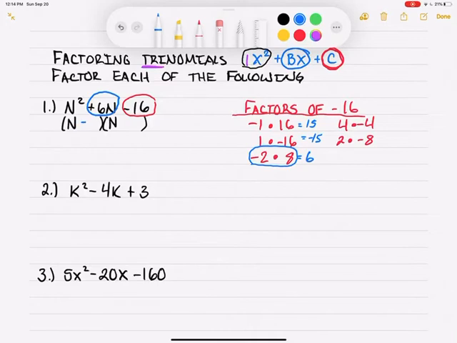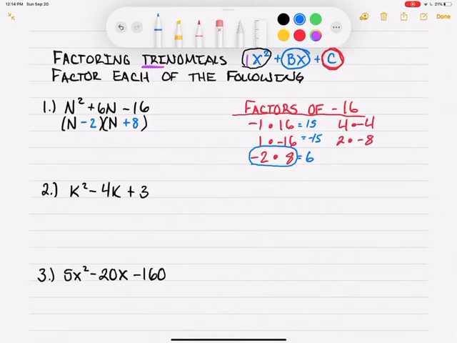So I'm going to have n minus 2 and n plus 8. Realistically, you could have also written this as plus 8 and minus 2. That order doesn't really matter because we don't have a coefficient out in front of our trinomial. But what we have here is now our factored form of this trinomial.